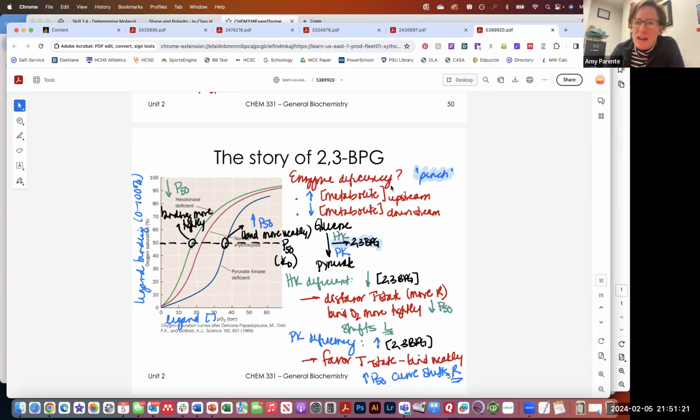And be able to think about the concepts of what happens if I pinch a pathway, right? For this case, we knew specifically what these enzymes were. We knew that this was an upstream enzyme. We knew that this was a downstream enzyme. So be able to think about and understand this story so that you could apply this knowledge in a fictitious metabolic pathway you haven't seen before, okay?